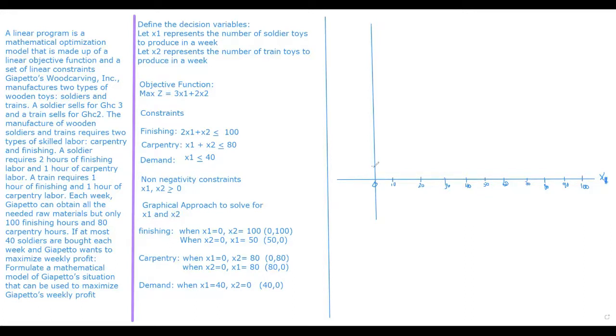Then this one will be for S2. So 10, 20, 30, 40, 50, 60, 70.